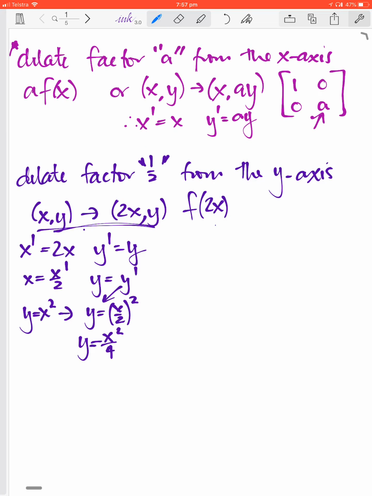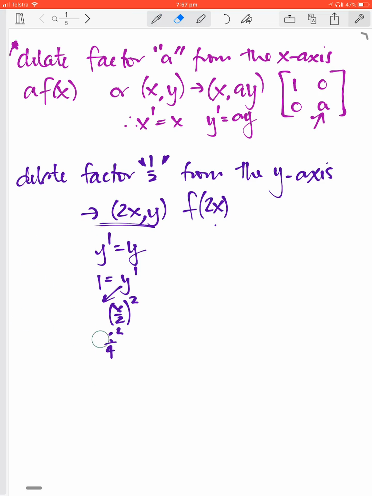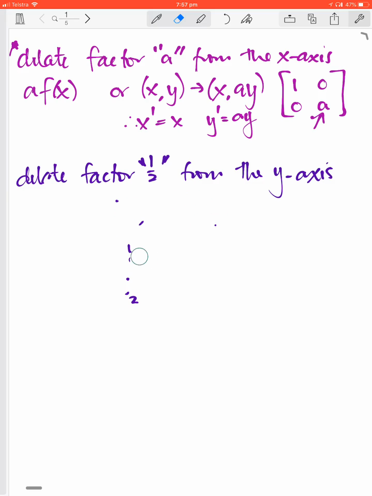Image equation, function notation. Now, the sort of funky thing about this is, if you want it from the y-axis, factor a, using matrices, it's the top left-hand value, and if it's a, you use a. It's not the reciprocal. The only time you use a reciprocal is if it's in function notation, and I just stuffed that up.